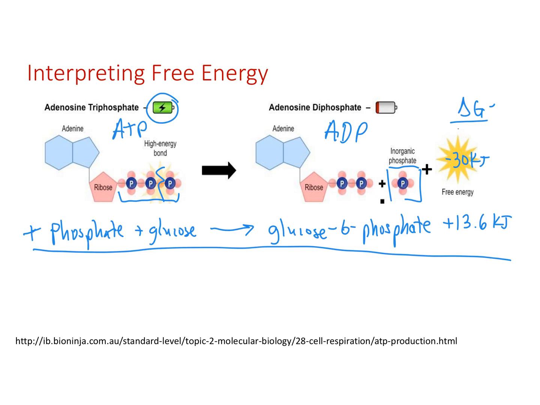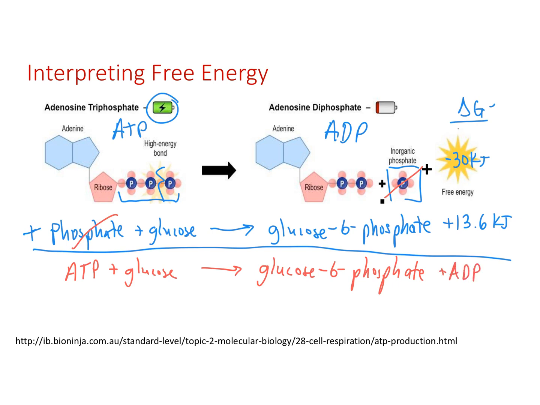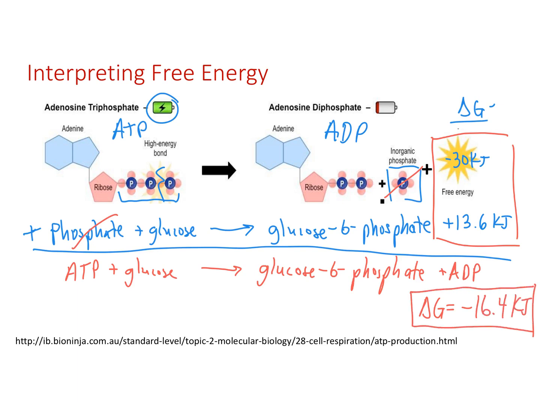Well, now instead of having phosphate plus glucose, my phosphate cancels out of the reaction and I'm left with ATP plus glucose yields glucose 6-phosphate and ADP, and more importantly, I can add these free energies together, and now the free energy of this reaction is negative 16.4 kilojoules.